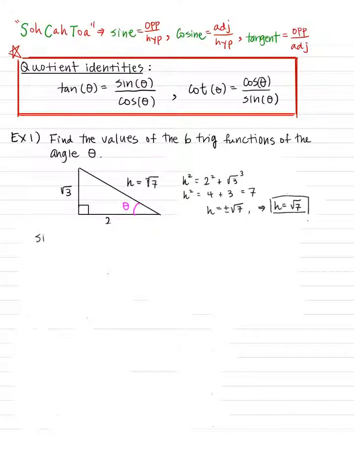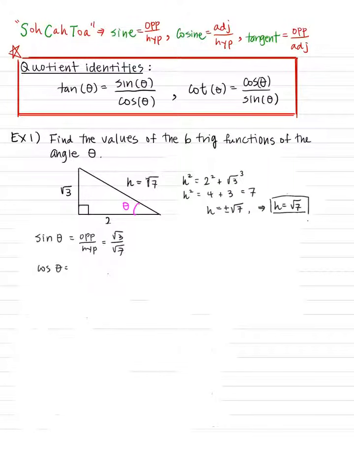So let's go with sine of theta. Okay, so sine is what? Opposite over hypotenuse. So which is opposite side of the angle theta is square root of 3. Hypotenuse is square root of 7. Okay, now let's go with cosine.